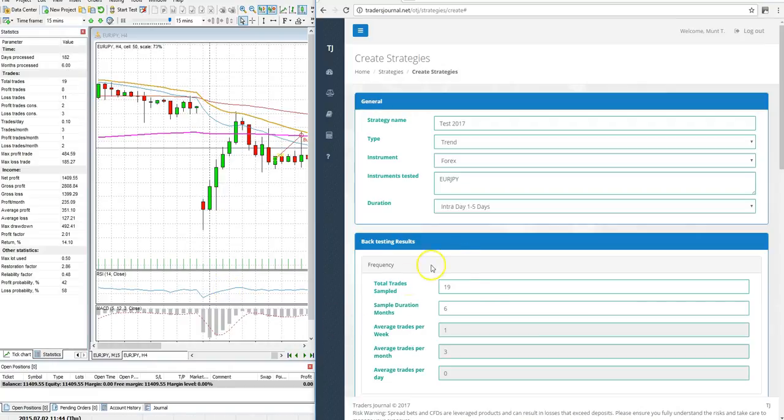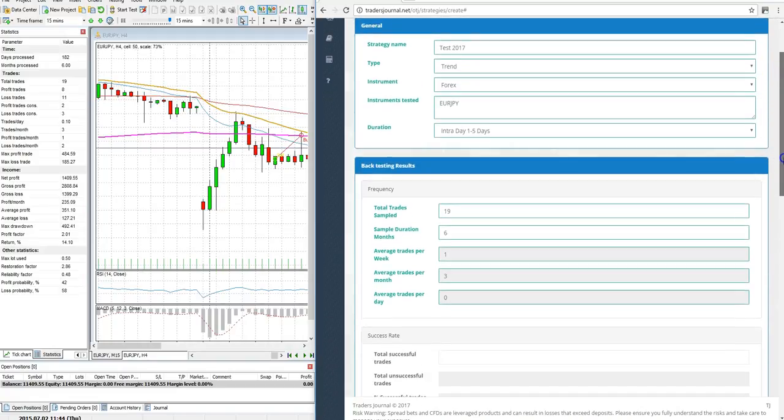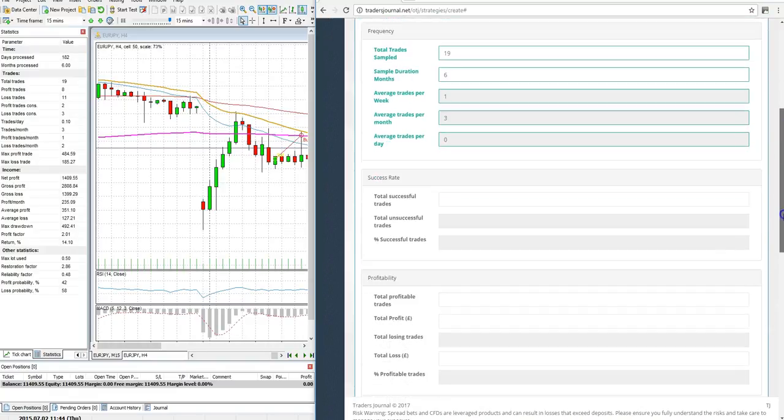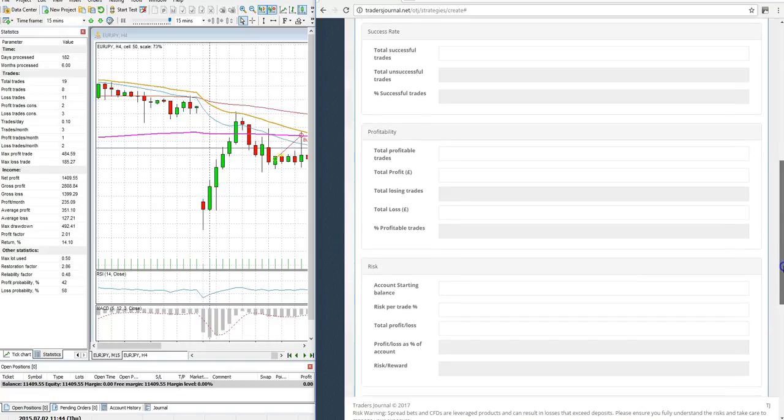You'll see here that in the journal, it gives us an average trades per week, average trades per month, average trades per day. This isn't designed to go down to decimal points. This really is only for guidance. The idea is that over time it will show you whether more or fewer trades are setting up. Now, more trades might feel like good news because you're going to make more money, but that is rarely the case.